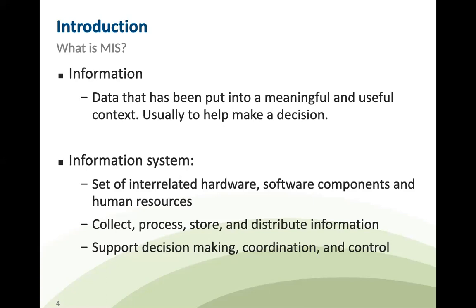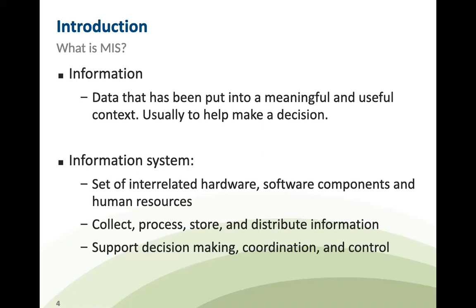And then we'll discuss information systems. So an information system means a set of interrelated hardware, software components, and human resources. Basically, it's a combination of hardware, software, and human resources. These information systems tend to collect, process, store, and distribute information.